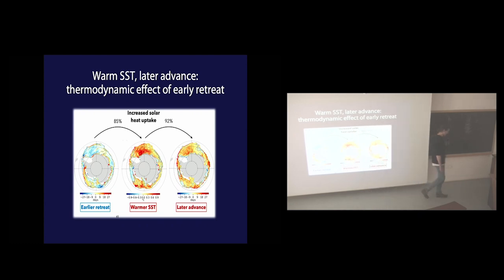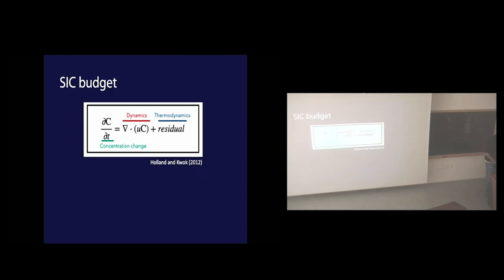To do that, it was a bit more complicated, and this is where the sea ice concentration budget arrives. That's an idea that was introduced by Paul Holland and Ron Kwok some years ago. Basically, you use satellite retrievals of ice concentration and ice drift to get the budget. This you can measure: this is the concentration change at a local point. The velocity vector you also have from observation, so you can estimate that term.